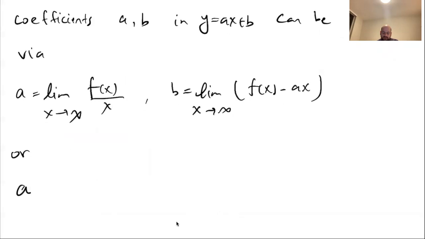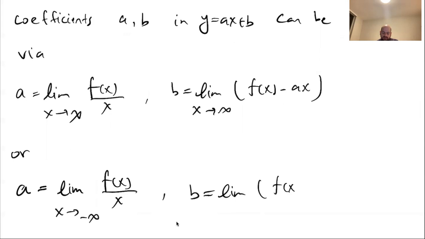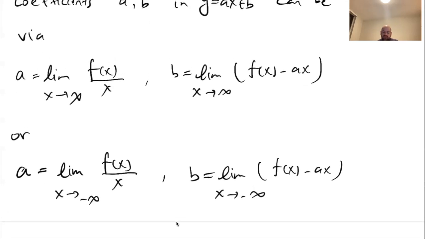So a equals limit of f of x over x as x goes to minus infinity, and b equals limit of f of x minus ax as x goes to minus infinity. Okay, so for a function to have an oblique asymptote, the limit of f of x over x must exist and be non-zero as x goes to infinity or as x goes to minus infinity.